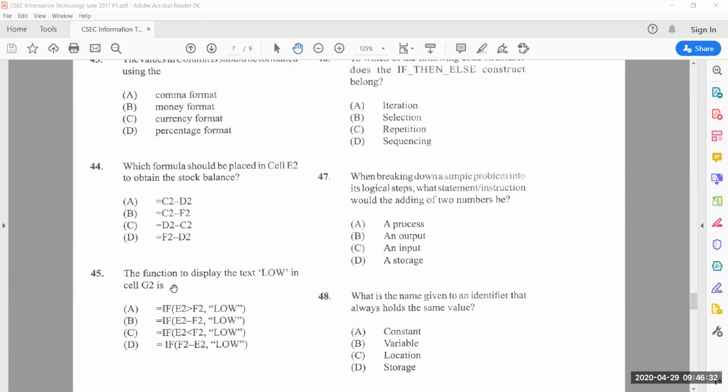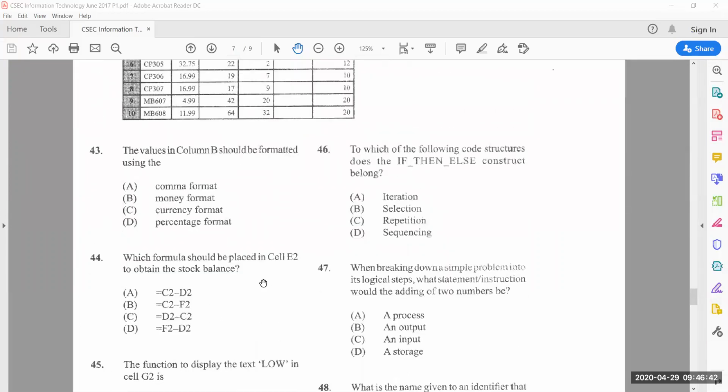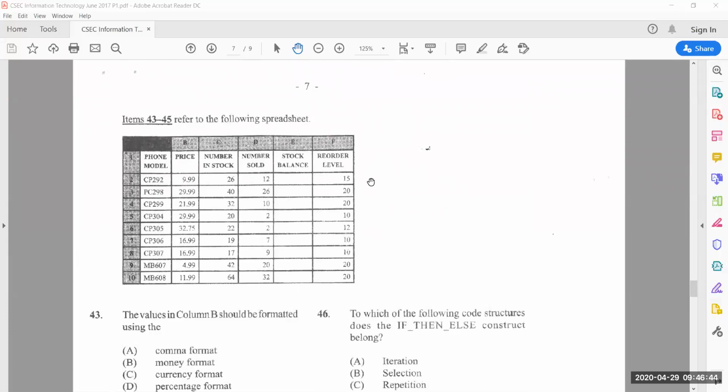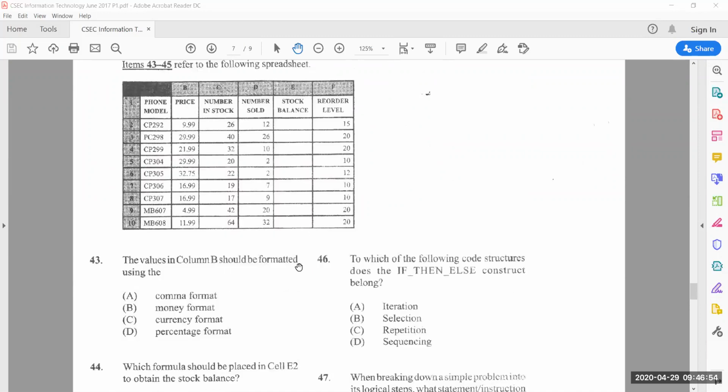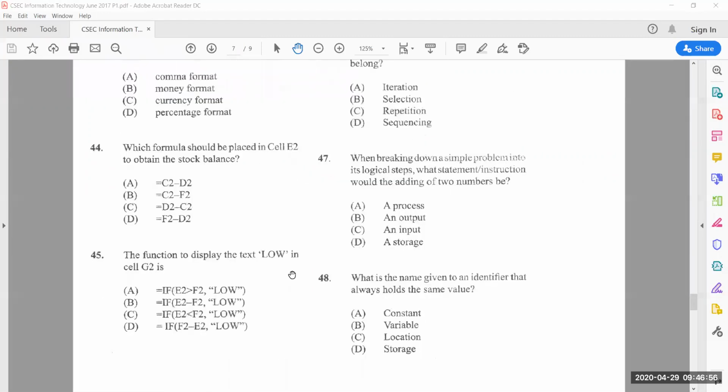The function to display the text low in G2 is what? All right, so you want to display low in G2, which would be another column to the right here. Right, so which one of these formulas would you use to display the text low?